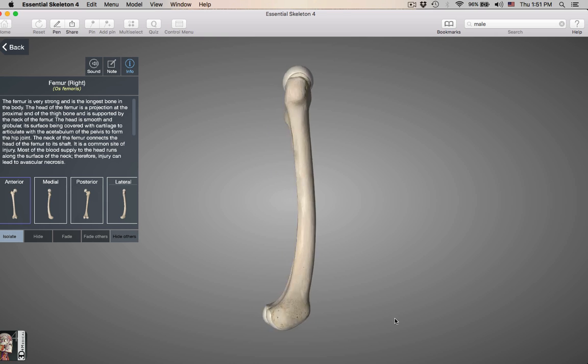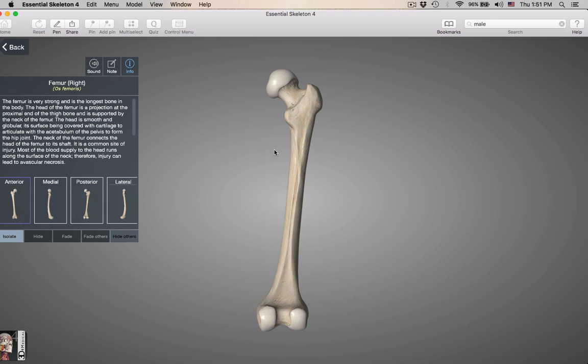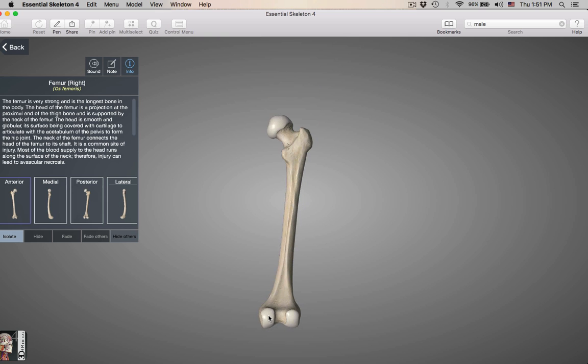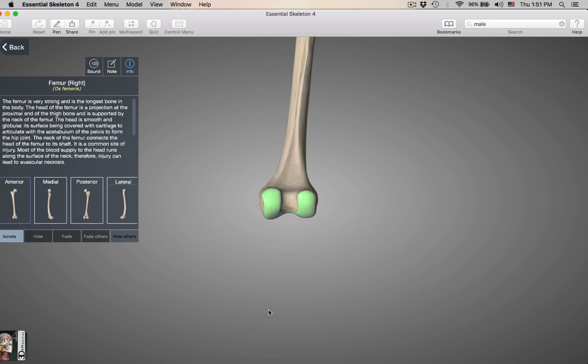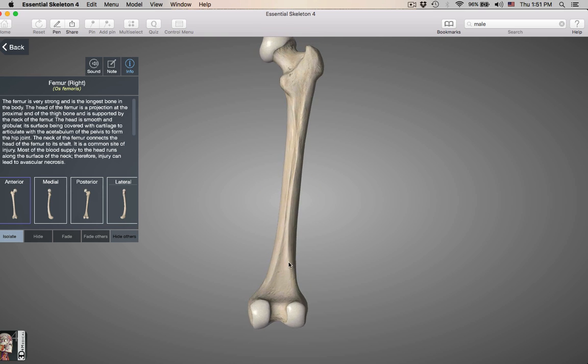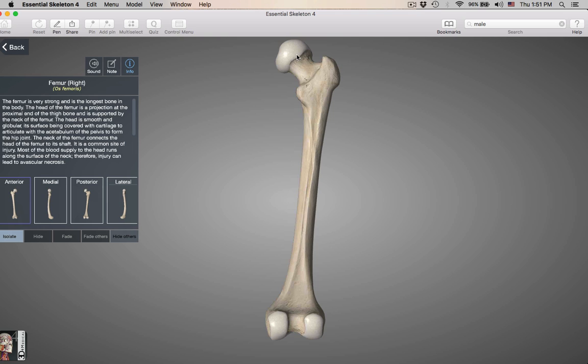So if we just turn this here, medial, lateral, here is going to be our medial condyle. This is the medial condyle. How do you know? Always just look up at the head of the femur. This is always medial. Medial condyle. Lateral condyle.